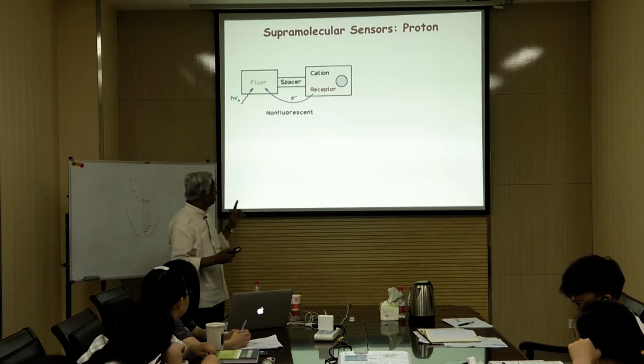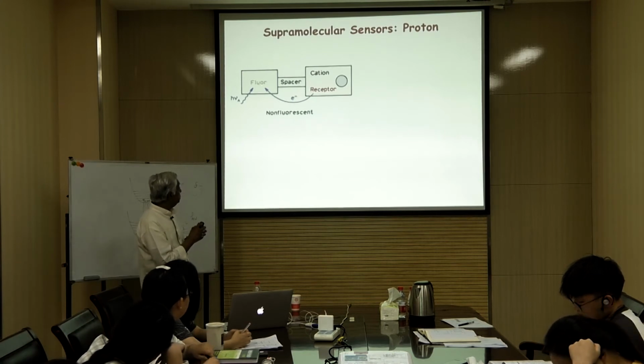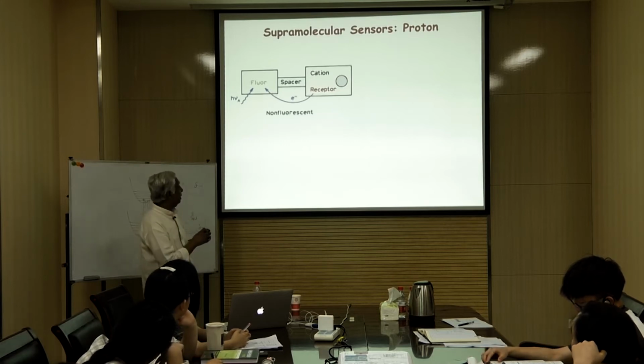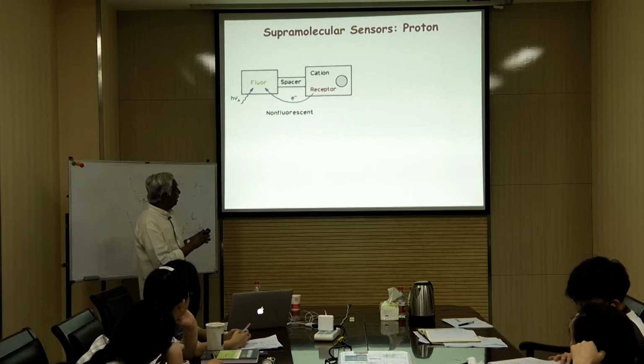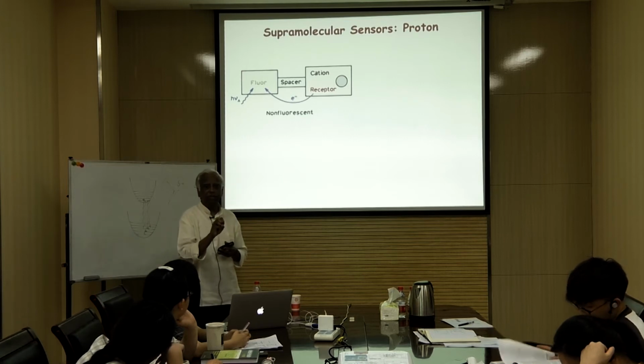So how the sensor works is a very simple technique. This is the fluorescence probe, the one that is going to tell you what is happening. Then there is a small thing connected to it, which is called a receptor, that is going to catch the thing you are trying to sense.